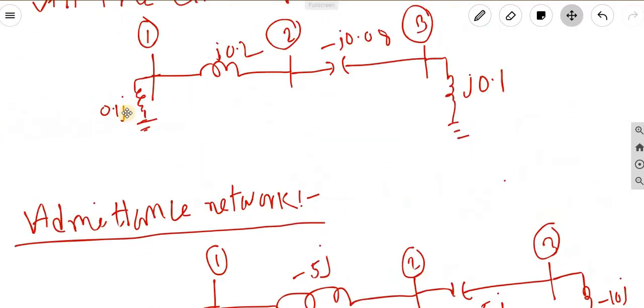For this element, admittance is 1 by impedance.